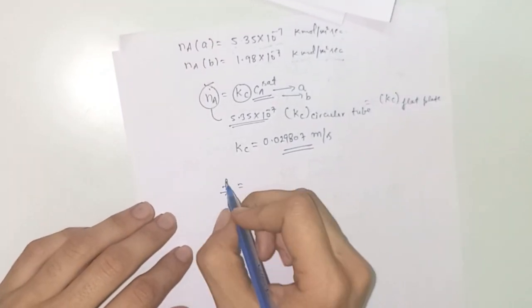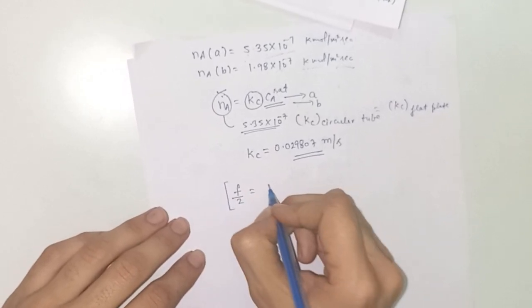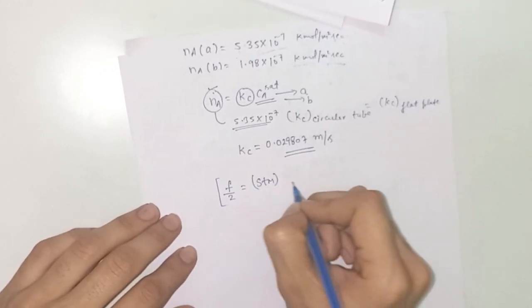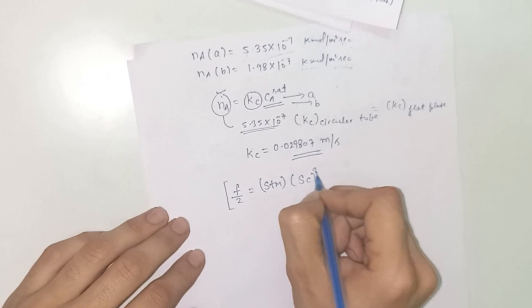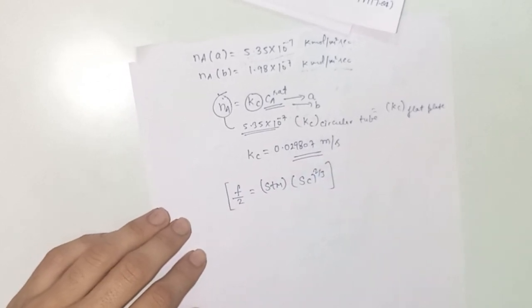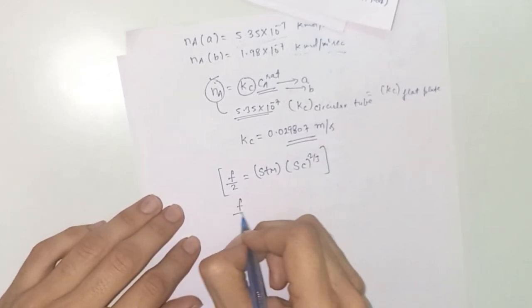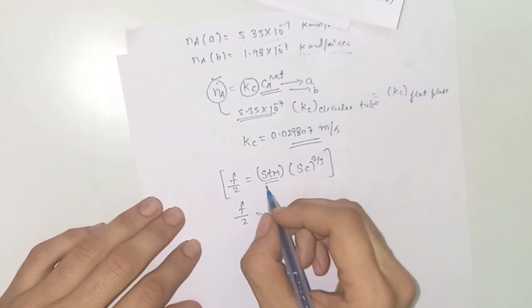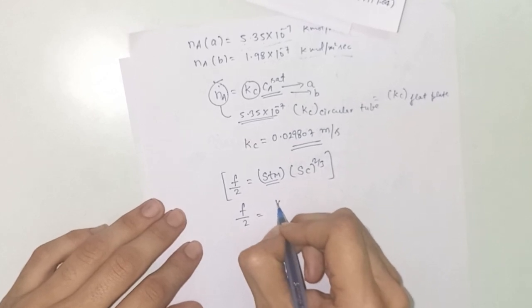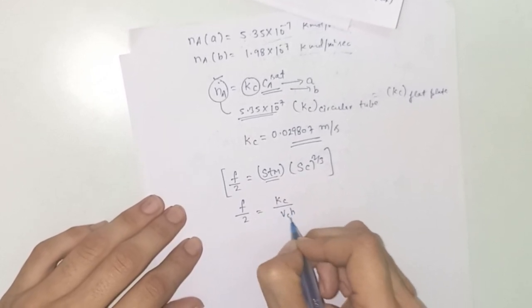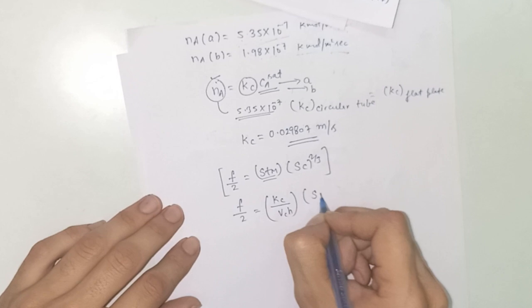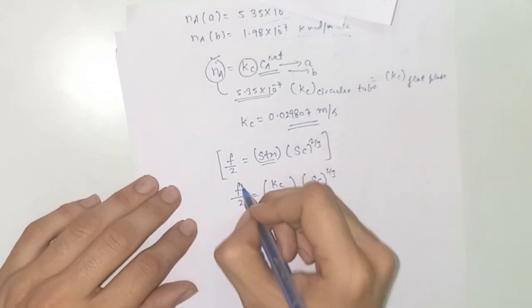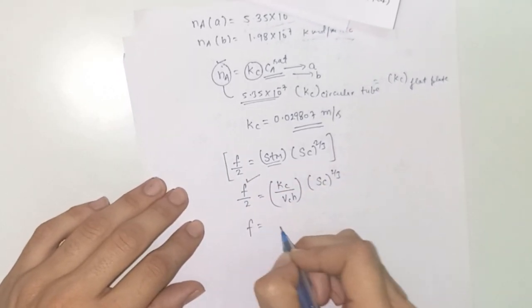So the friction factor is equal to the Stanton number of mass transfer multiplied by the Schmidt number to the power 2 by 3. Now we need to find the friction factor. The Stanton number for mass transfer is Kc divided by the characteristic velocity, and the Schmidt number we have already calculated. So we need F.